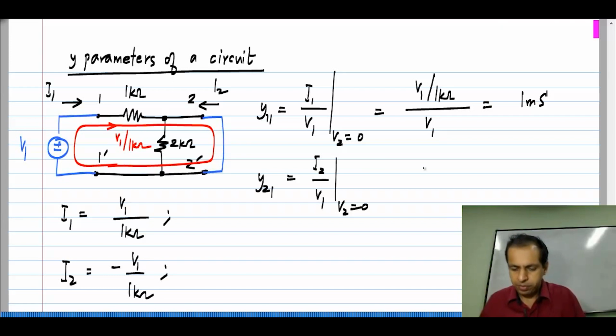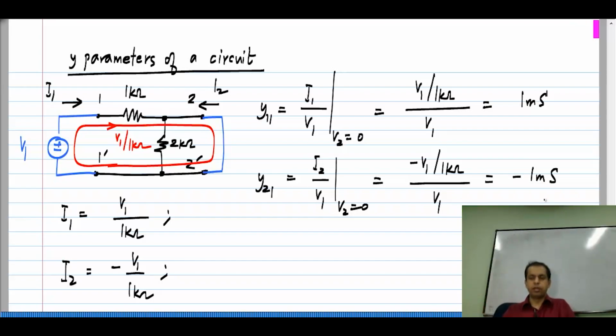Okay. So, this is minus V1 by 1 kilo ohm divided by V1, which gives you minus 1 millisiemens. Okay. So, that is the value of Y21.